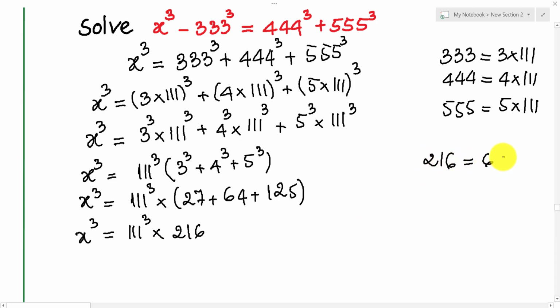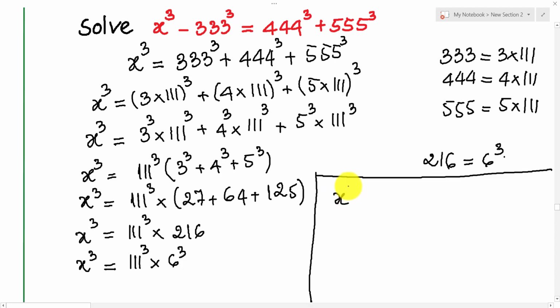to 6 power 3. So this I can write x power 3 is equal to 111 power 3 multiplied by 6 power 3. And then we get x power 3 is equal to 111 multiplied by 6, all power 3, and we get x power 3 is equal to 666 power 3.